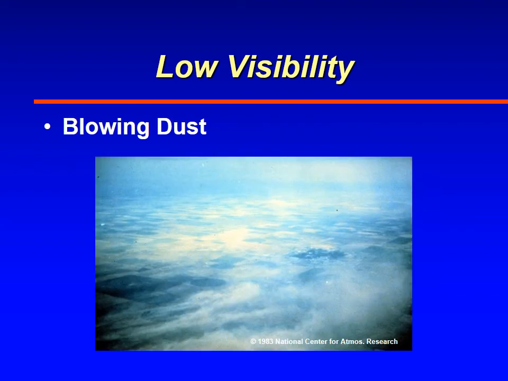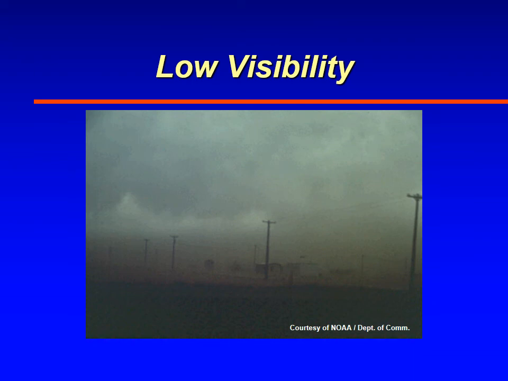And then, of course, strong winds near the ground can loft dust and can reduce visibility significantly also. You'll typically find that with gust fronts. So those are some of the hazards associated with thunderstorms. In future videos, we'll talk about lightning and also convective wind shear.